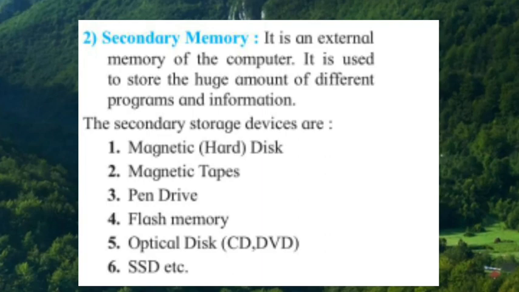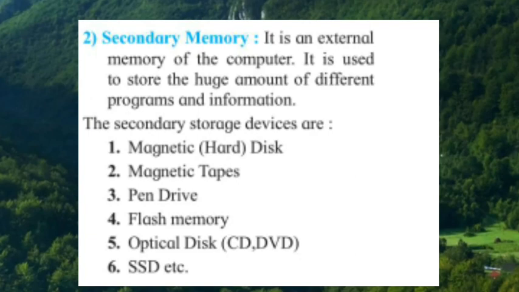But at this level you have to keep one thing in mind. We have two types of memory: primary memory and secondary memory. Primary memory has low capacity, but it is much faster than secondary memory. Secondary memory is also called external memory, and it is used to store a huge amount of data.